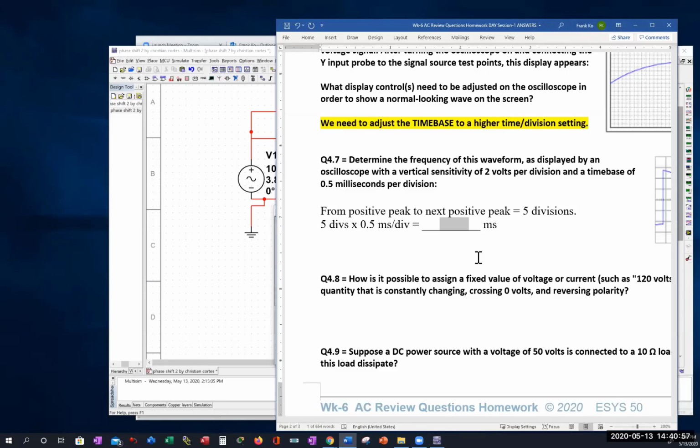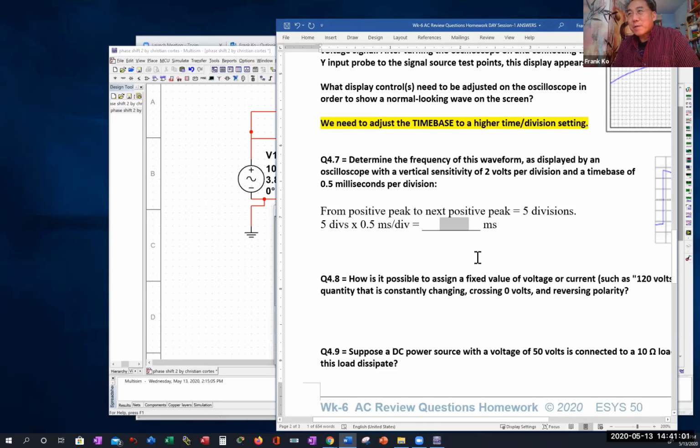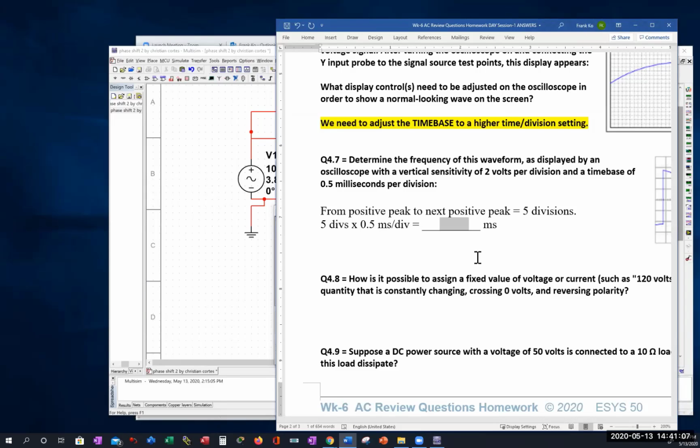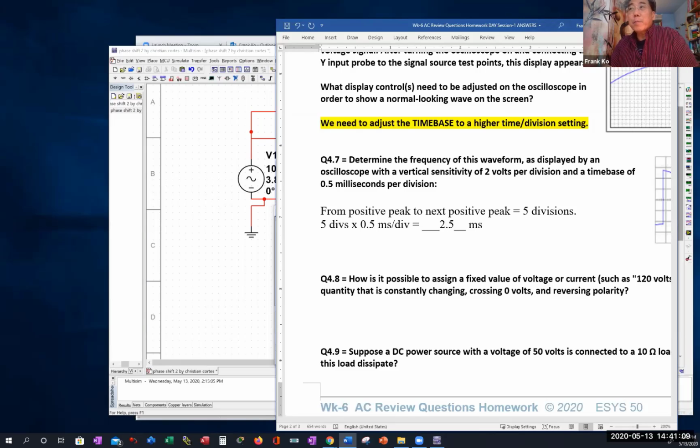I'm looking for time first. Give me the milliseconds first. 2.5 milliseconds. Okay, 5 divisions times half a millisecond per division is 2.5 milliseconds.